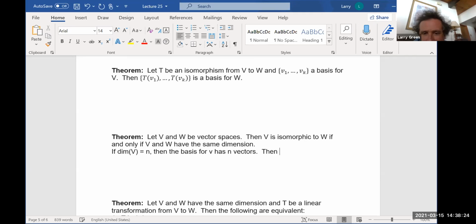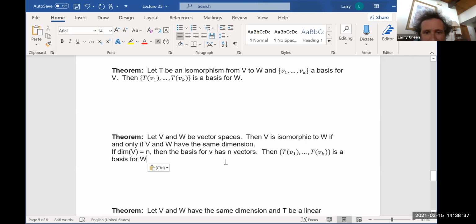But then T of those basis vectors, let me write this down. Okay, then T of those vectors must be a basis for W, right?